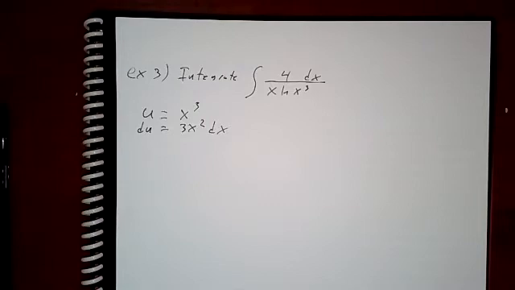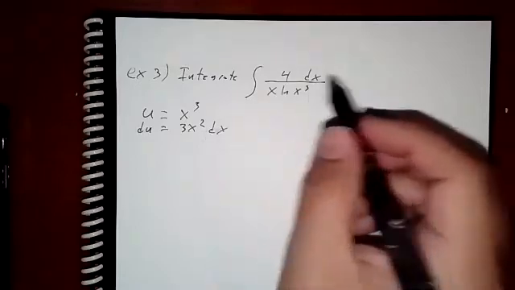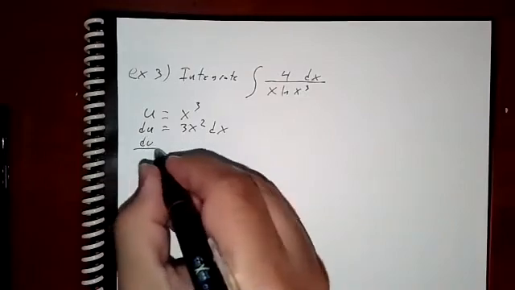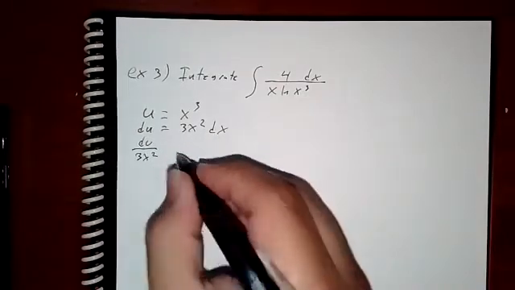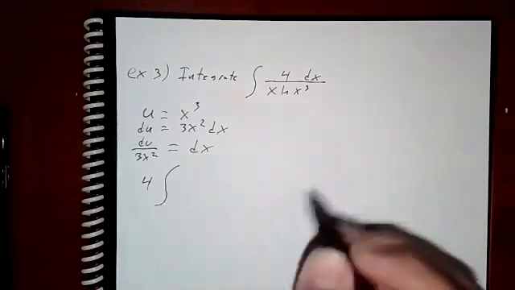I don't have a 3x squared on top, right? So let's solve for dx. Now I'm going to replace dx with this. Pull out the 4.